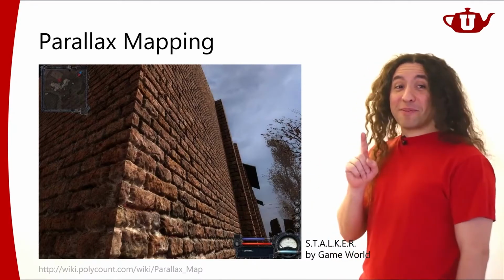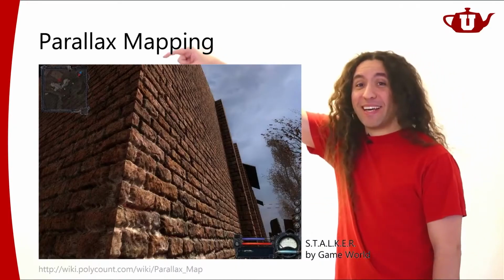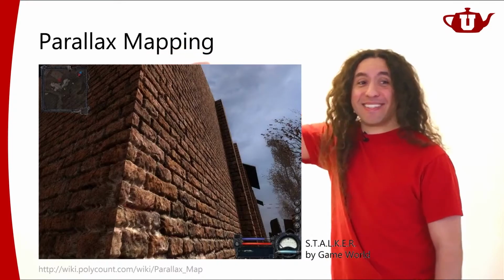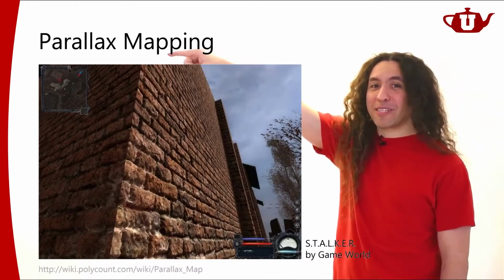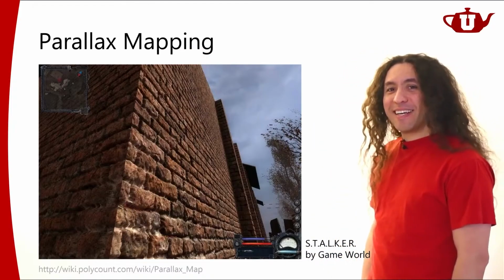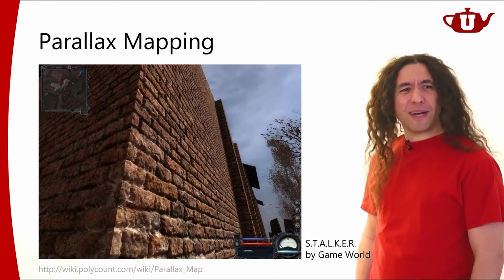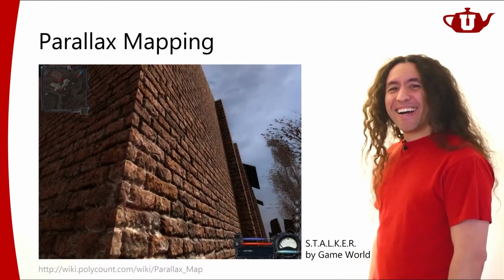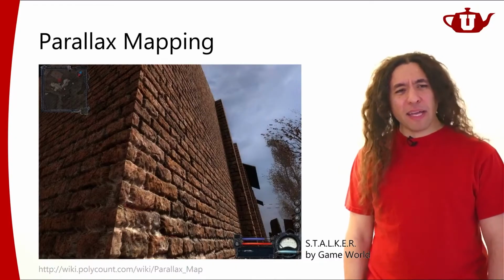The illusion, however, breaks along this edge where the two walls come together. You see that it looks like a very perfect edge, right? Yeah, so it doesn't have to break.